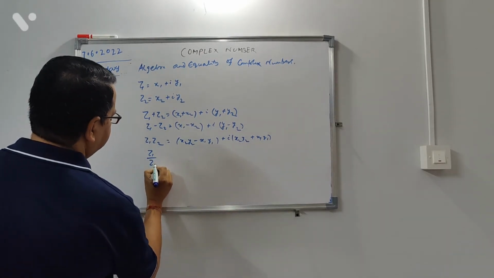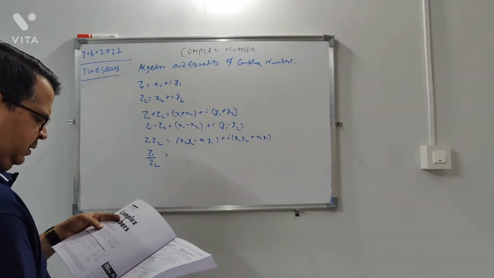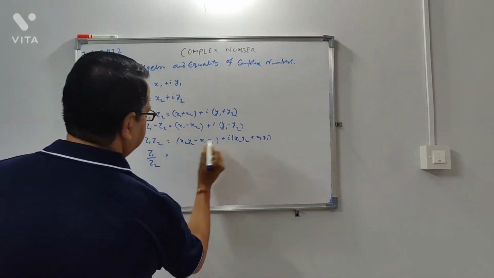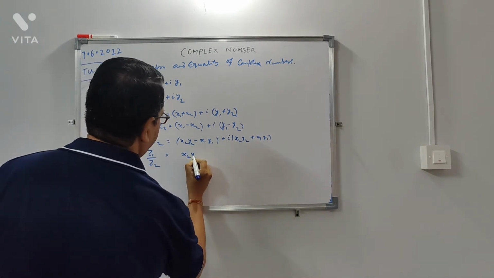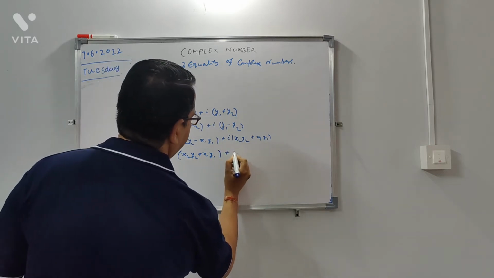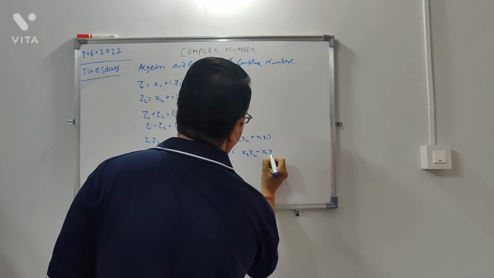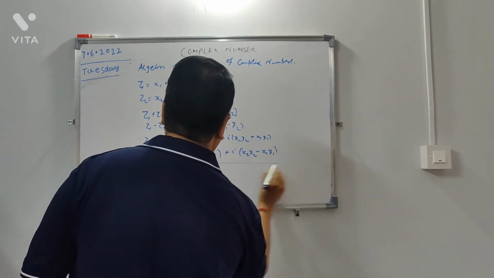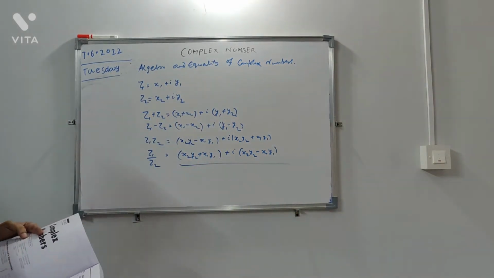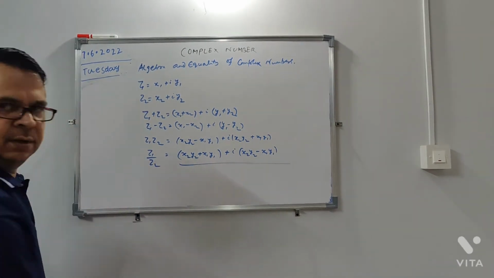z1 by z2. This division again is the same thing: the real part over x2 square plus y2 square, plus i into the imaginary part over x2 square plus y2 square.